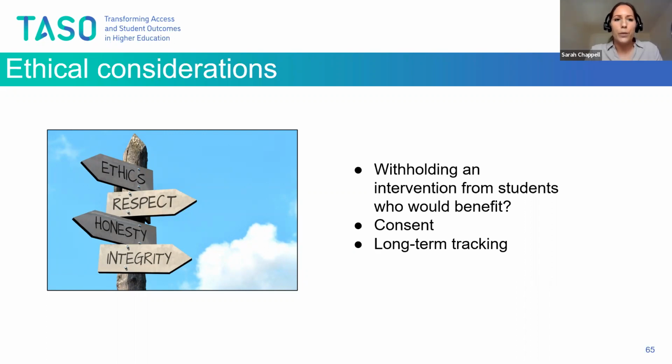So it has to go through ethical approval to get this study off the ground, and students are provided with a participant information sheet, and they're able to opt out if they don't want to be a part of the study, if they don't want us to track their data long term to see if they enter HE, or if they don't want us to contact them for surveys. They can choose to opt out, and we won't include any of their data and we won't contact them further.